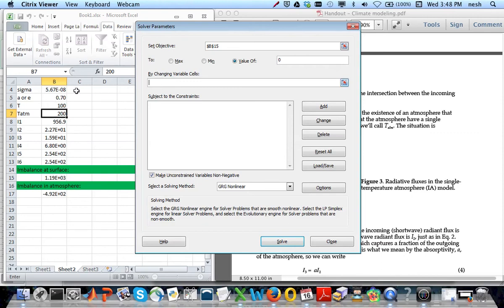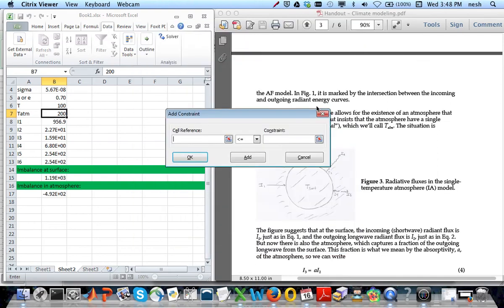The way we do that is I'm going to left click on this temperature and drag down to here, and now as you can see it thinks it's going to change B6 and B7 in order to make this work. Now we not only want to make this imbalance 0, which I've done here, the B15, that's the imbalance at the surface, but I also want to make the imbalance in the atmosphere 0, and the way you do that in Solver is we add a constraint, and that constraint is this box right here.